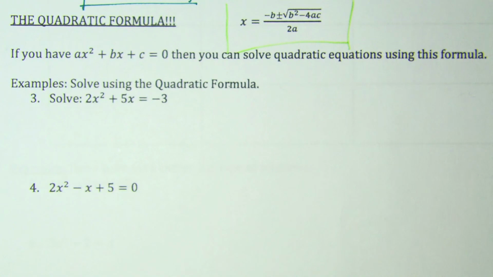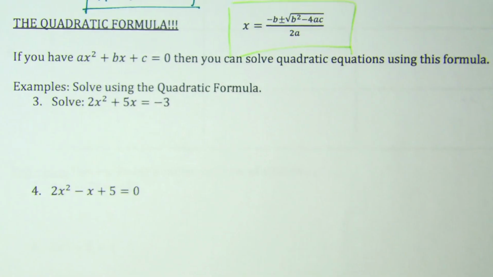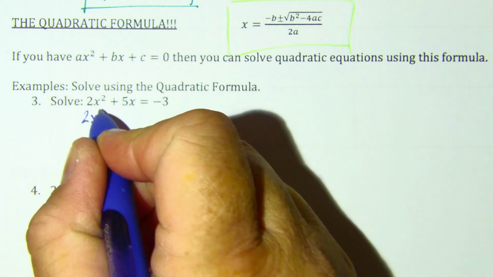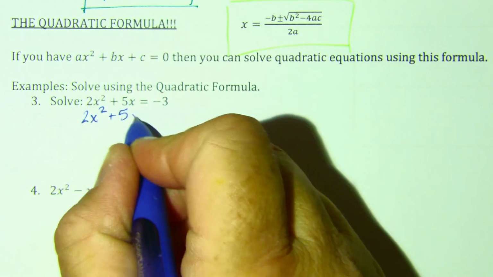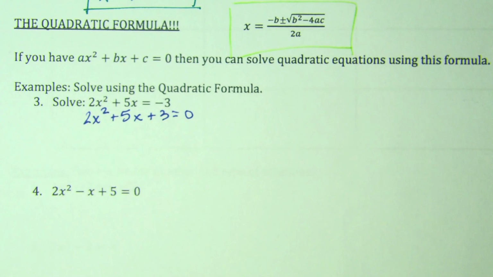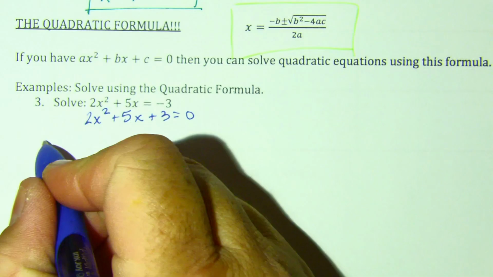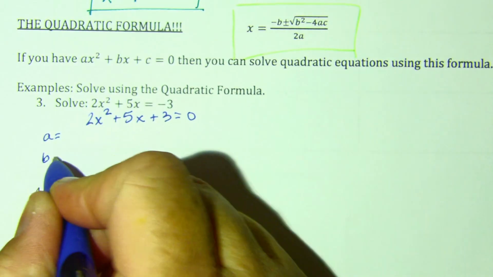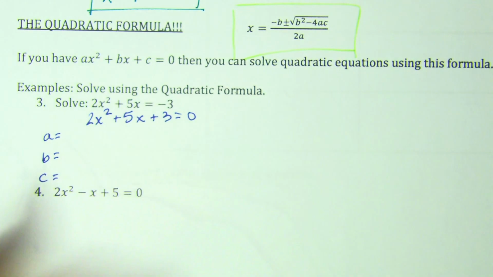So first thing I need to do in this first example is get it set equal to 0. 2x squared plus 5x plus 3 equals 0. And the other nice thing about the quadratic formula is you can solve any quadratic equation this way.